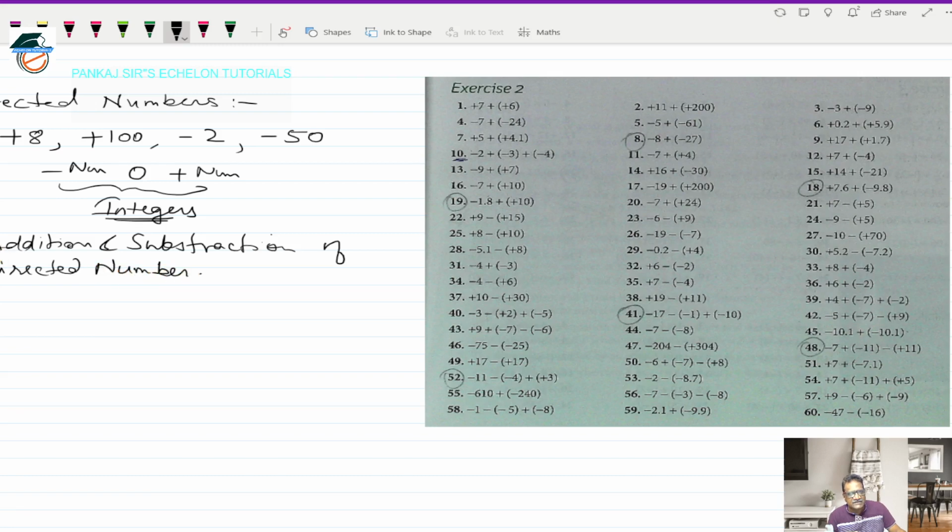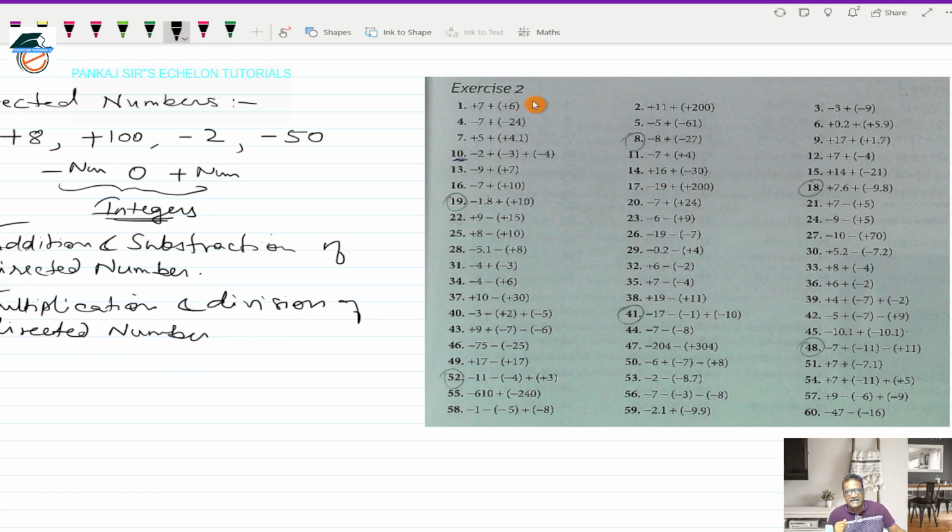In the second step, we can study multiplication and division of directed numbers. So first we'll study addition and subtraction, and then multiplication and division.